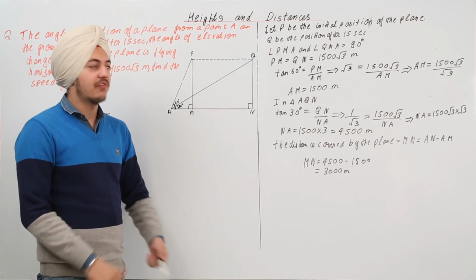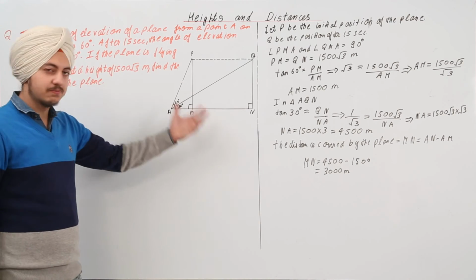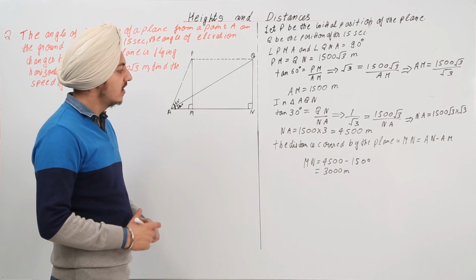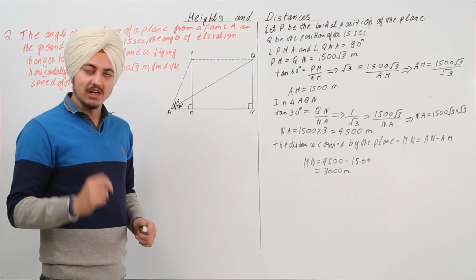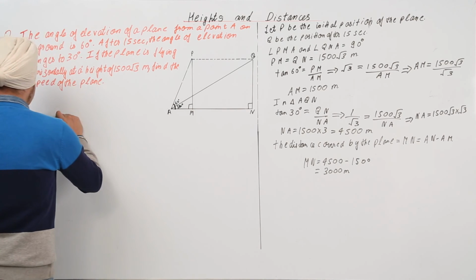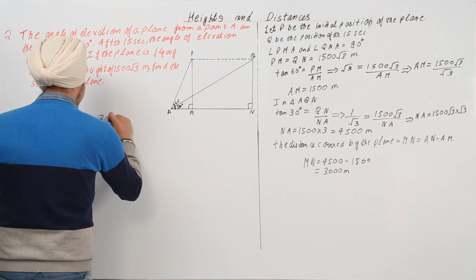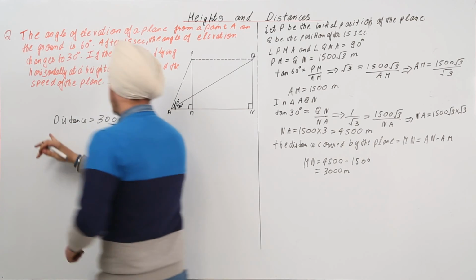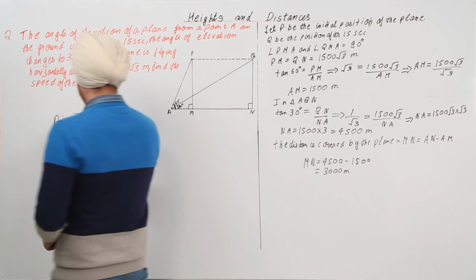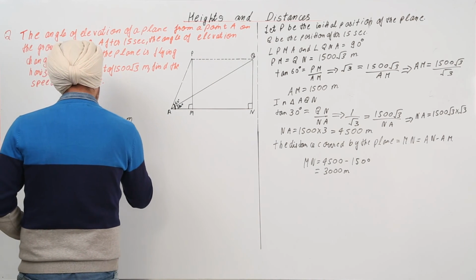Now we know the value of MN. What we need to do is find out the speed. Now how much is the speed? The speed is equal to distance upon time. I am continuing the question over here on this side. We know that distance is equal to 3000 meters, and time is equal to 15 seconds.